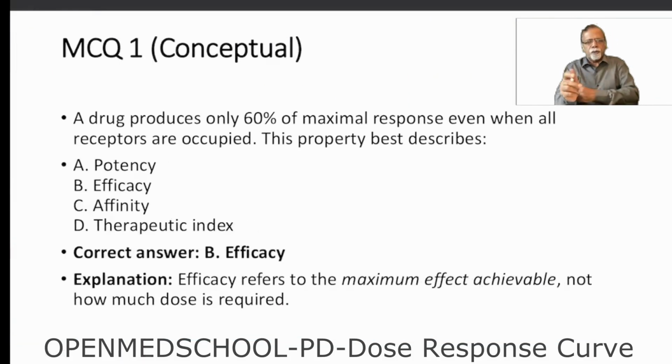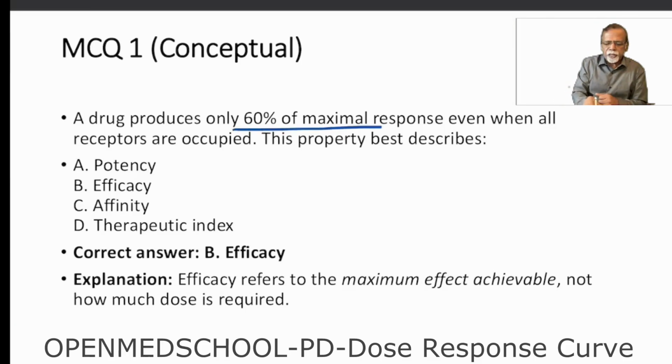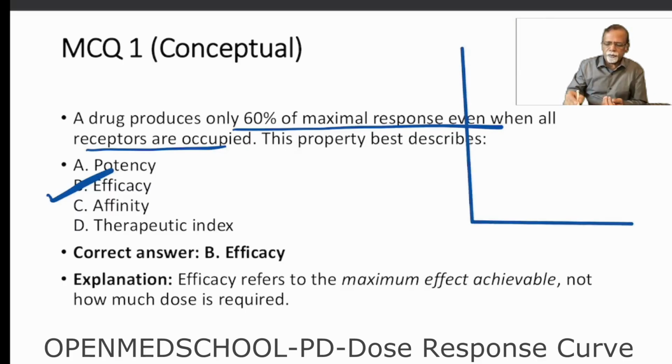Now we go to practice these concepts. A drug produces 60% of the maximal response when all receptors are occupied. This property best describes efficacy. So remember the graph.